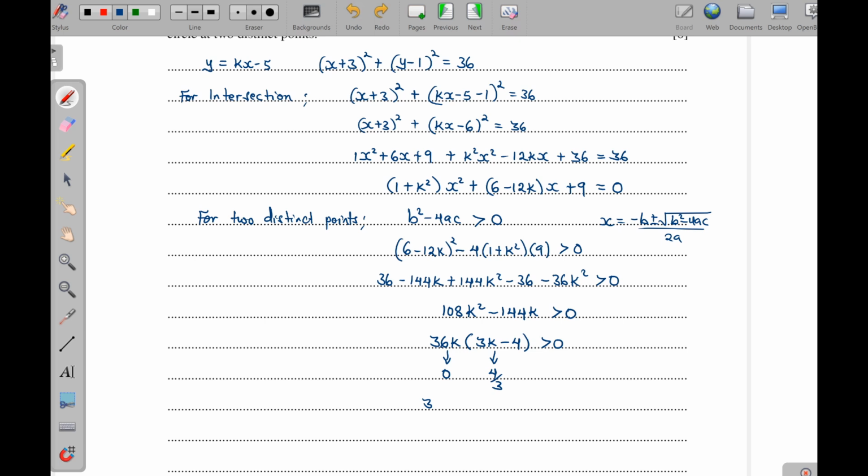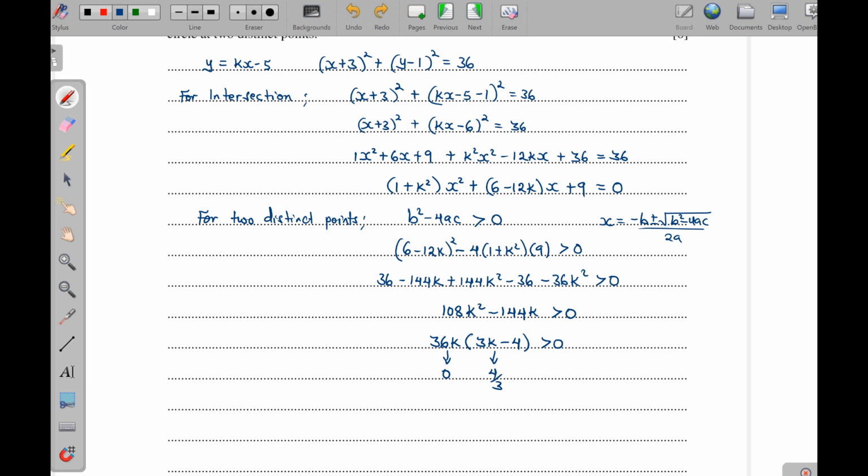So what you do, you just get the critical values, because here we are looking at regions where this one comes out to be what? Positive. So if you have 0 and then 4 over 3, we have to look at a region below 0, then the region in between, and then the region above, okay? So what we are going to do, because this one is quadratic, look at the coefficient of k squared.